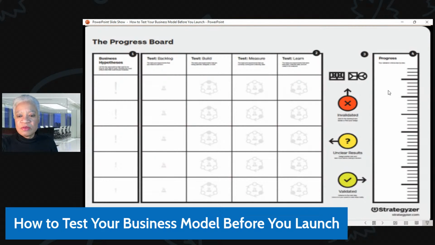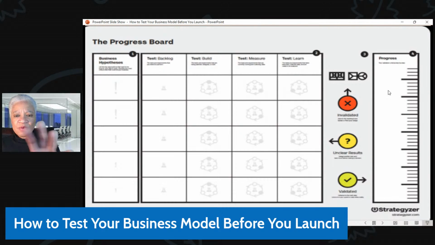So these little indicators here tell you whether or not your results have been validated or not. So at the bottom, if you see a check mark, it is validated. If you see a question mark, they don't have enough information to determine one way or the other whether or not the actual test has been validated. And then the red with the X tells you whether or not it is not valid.